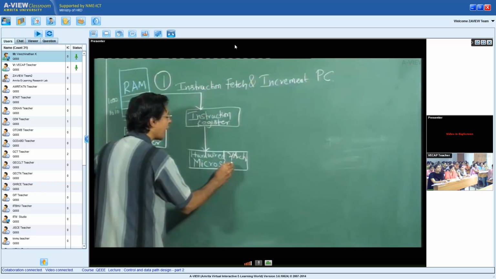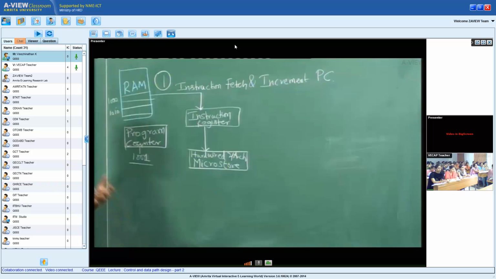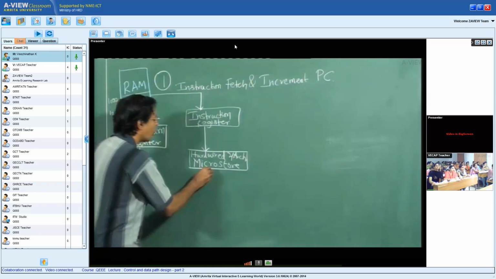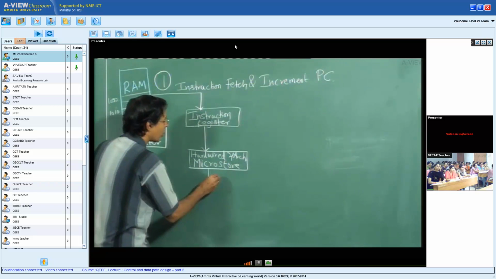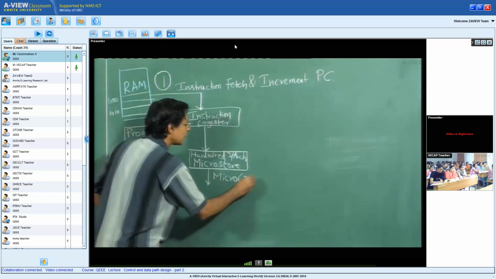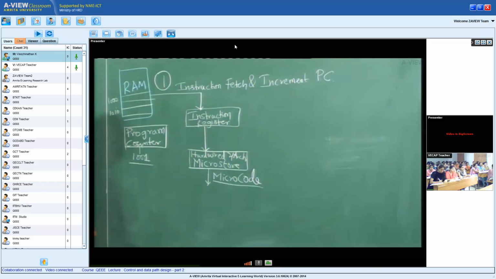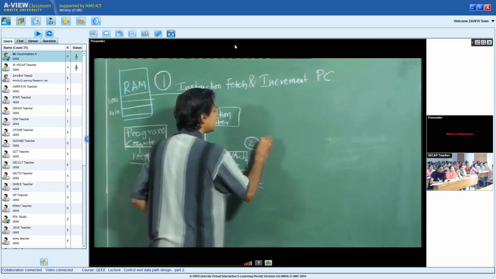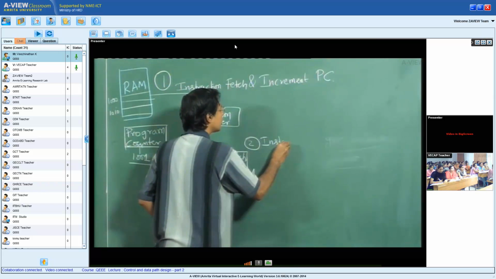In that case you have a micro store, which is another read only memory to which this instruction is fetched, and what you get out is a microcode. So this second stage is basically called instruction decode.